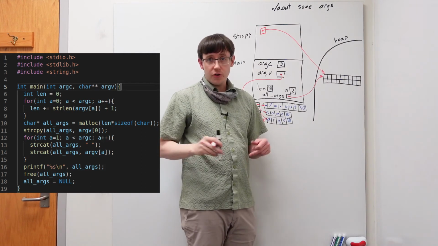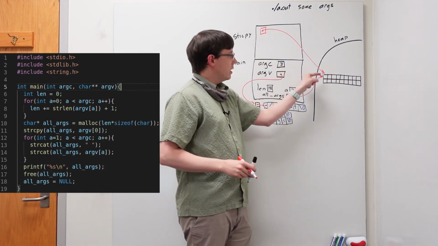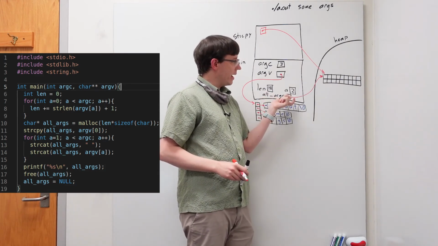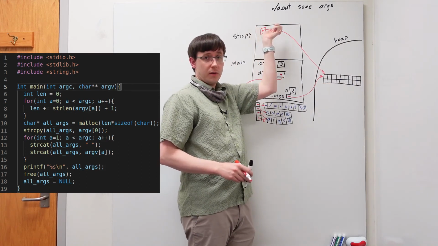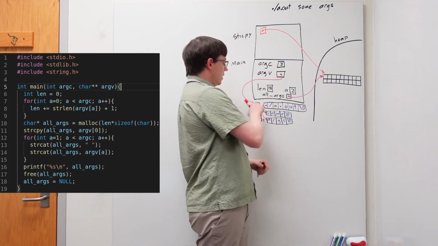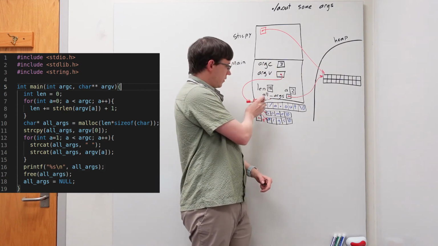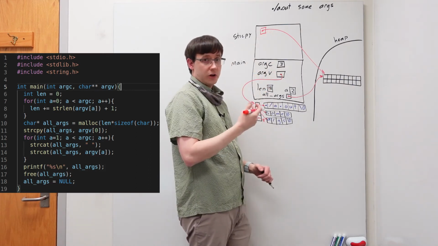The destination string that we gave it as the first argument was the all args pointer, so we copied this address, which is pointing to the heap, into the function argument. And the second argument, the source, was copied from argv 0. So we took this pointer, copied the address into the function arguments.